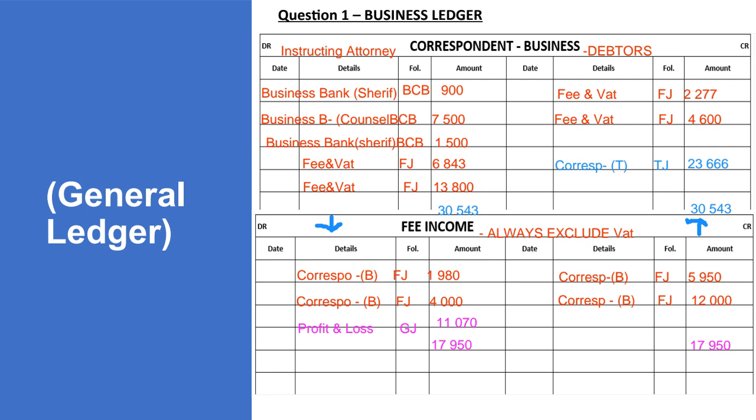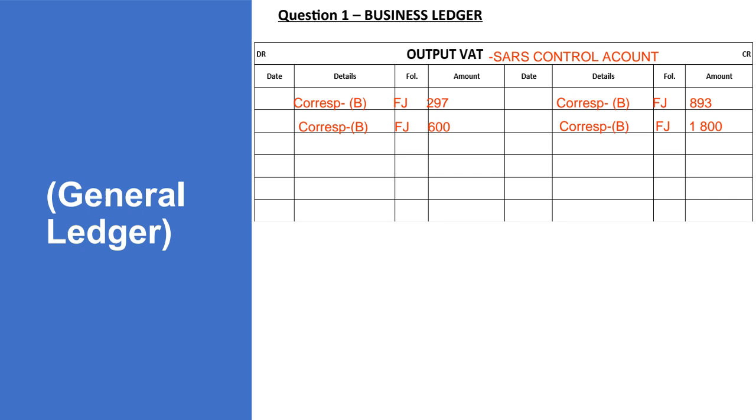Yes, the next one, the last one, is going to be the output or SARS account. The biggest side is going to be which side? Which side is the credit side?